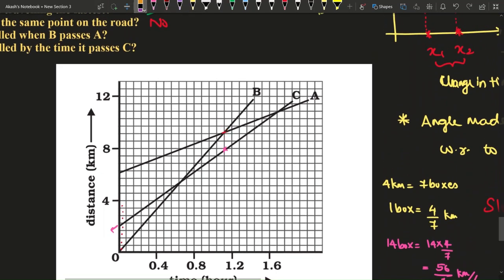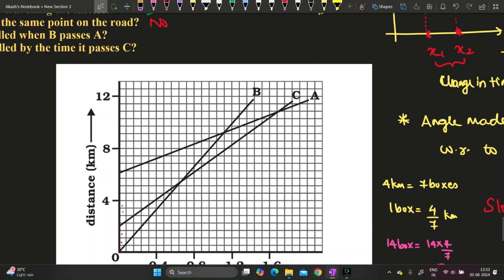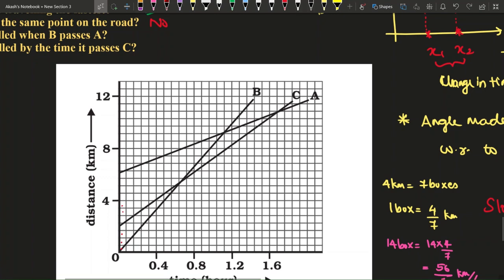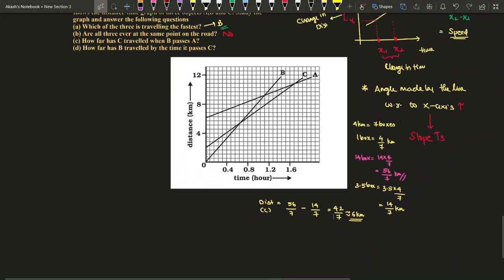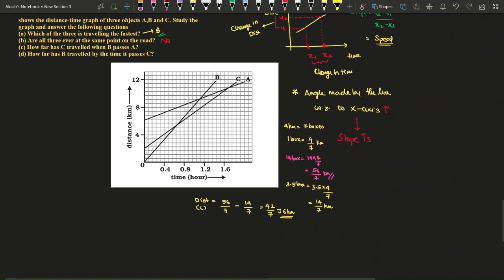The next part they are asking you, how far B traveled by the time it passes C. Where is B crossing C?